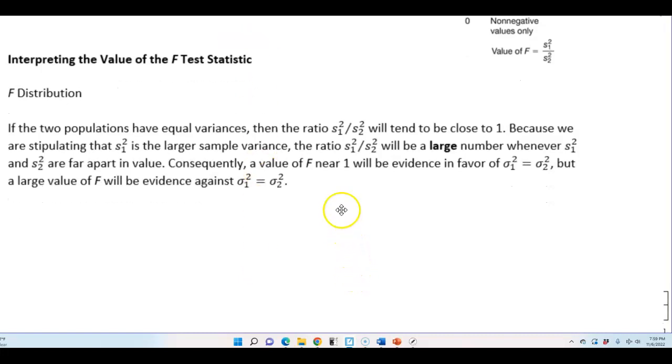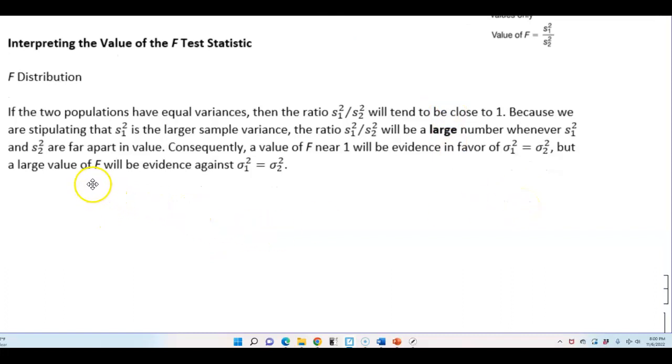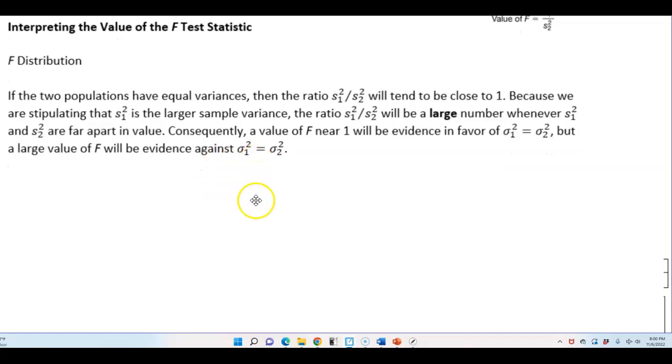Consequently, a value of F near 1 will be evidence in favor of population variance 1 equal to population variance 2, but a large value of F will be evidence against population variance 1 equal to population variance 2.